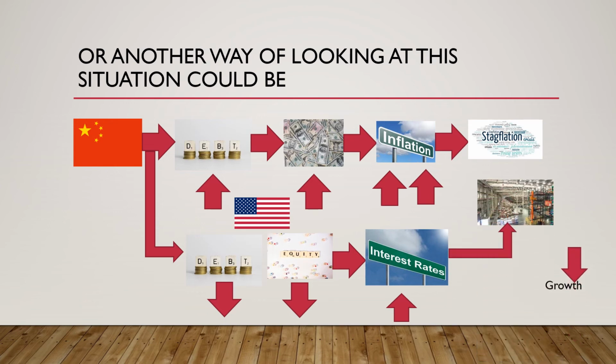This would lead to a slowdown in growth, no question about it. A slowdown in supply given the higher interest rates. And as the money supply is also coming down, it would also lead to a decline in demand. However, given that there is a slowdown in growth or supply and a slowdown in demand, what will happen to inflation is an open question.